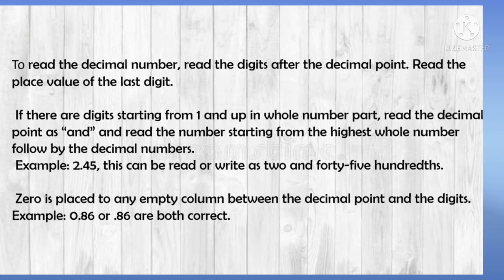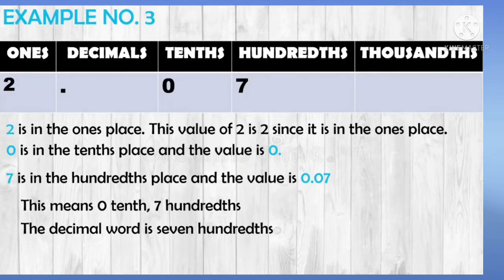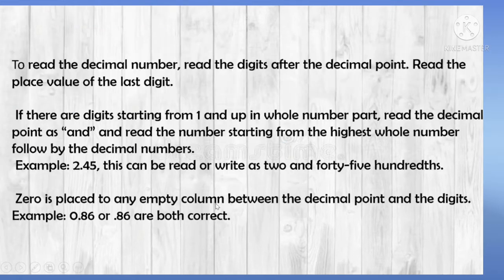To read the decimal number, read the digits after the decimal point. Read the place value of the last digit. That is why earlier, remember? The 7 is in the hundredths. So you read the last digit and its place value. That is why it became 7 hundredths.